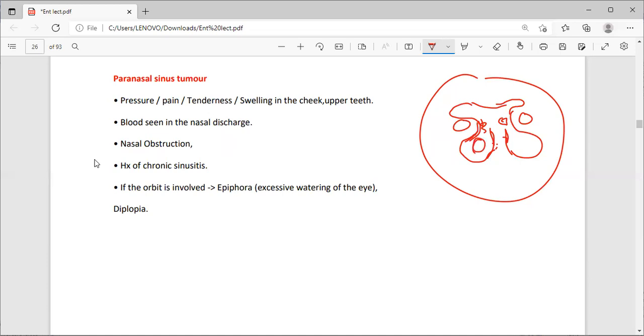So suppose there is a tumor in your maxillary sinus, it will grow further and lead to blockage of the duct which drains the tears into the nose, so it will block all the space over here.